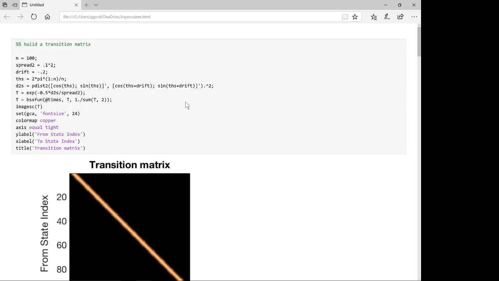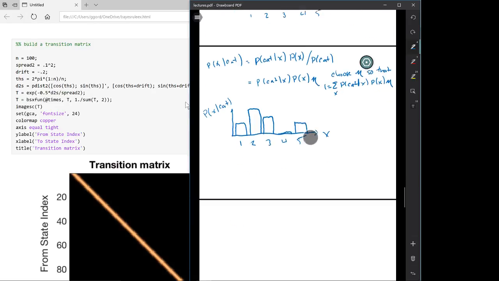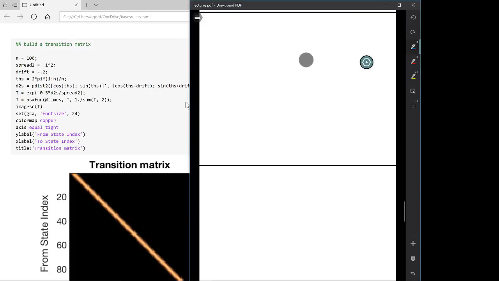That means that there are 100 different random variables, and each one of these random variables is going to have a value. We're going to make a model of the world that has these random variables, which I'm going to call xt for t equals 1 to 100.